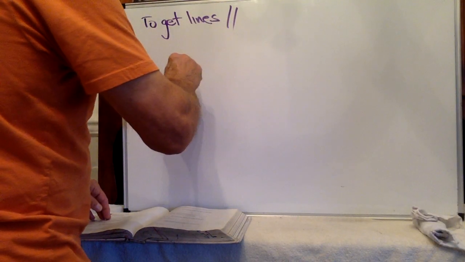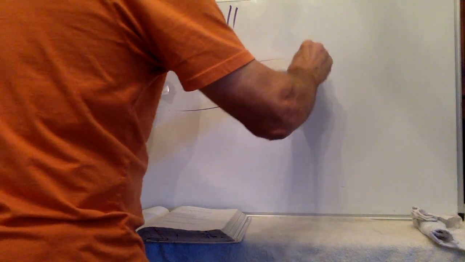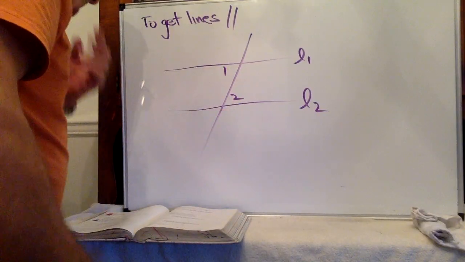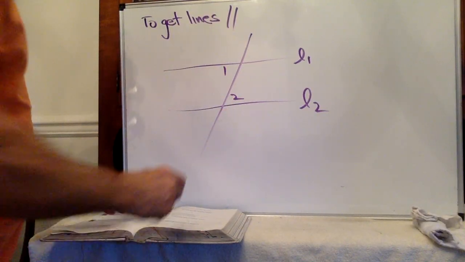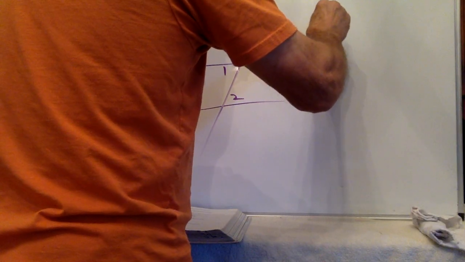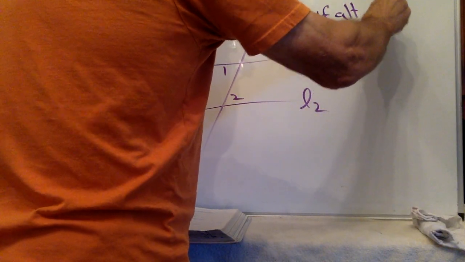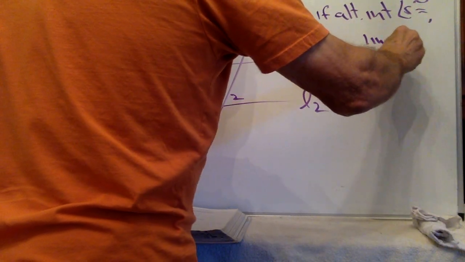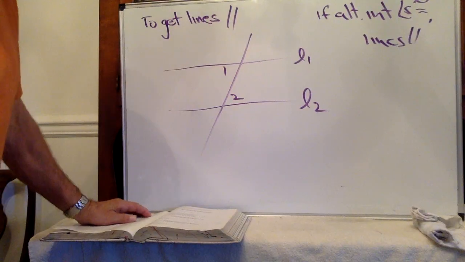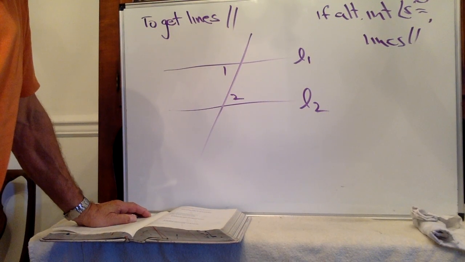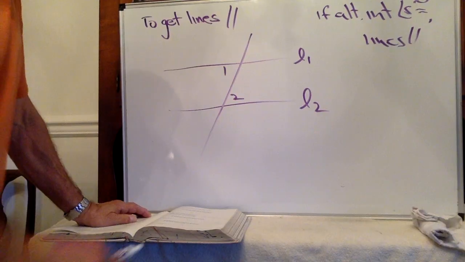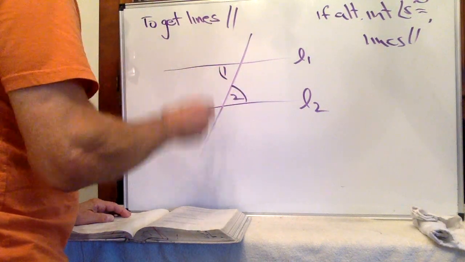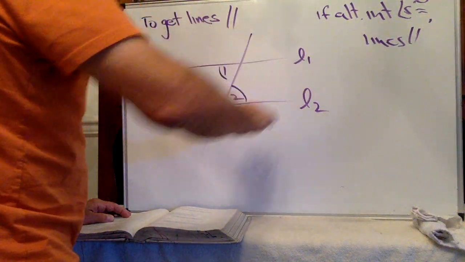First, the first one says, if a set of alternate interior angles are congruent, so if that's congruent to that, the only way that can be the case is if the two lines are parallel.